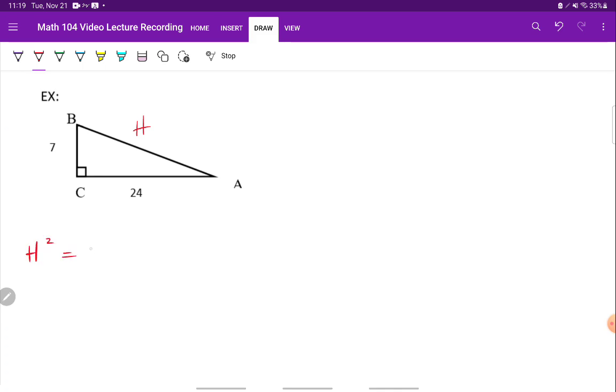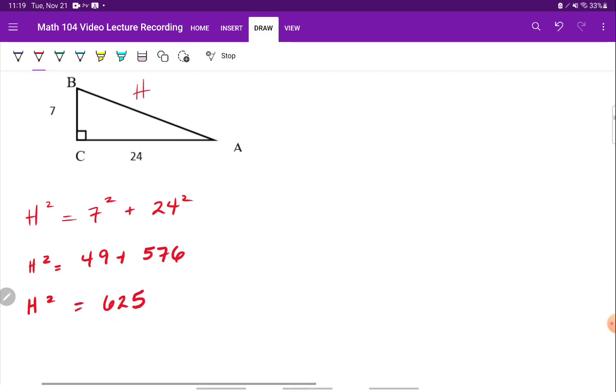Pythagorean theorem tells us our hypotenuse squared is equal to 7 squared plus 24 squared. 49 plus 576 is 625, and then we'll take the square root and get h to be 25.